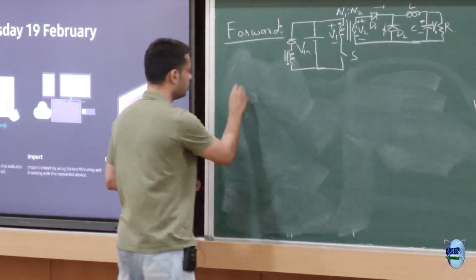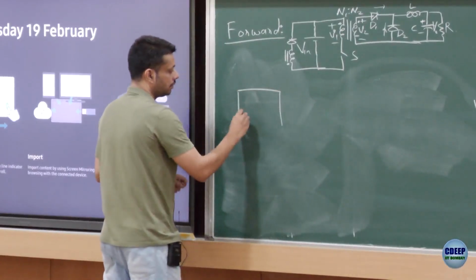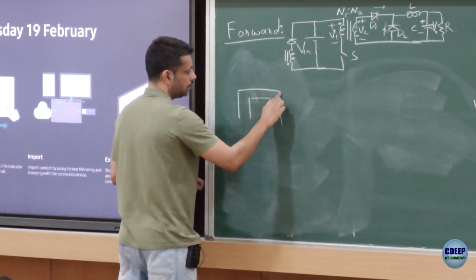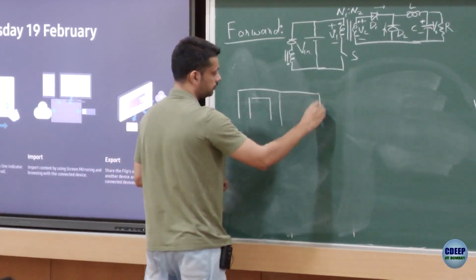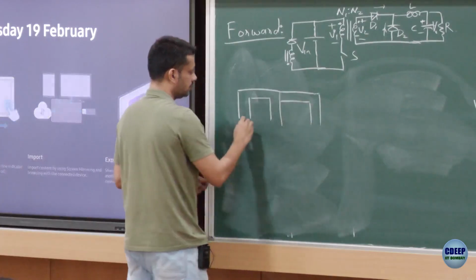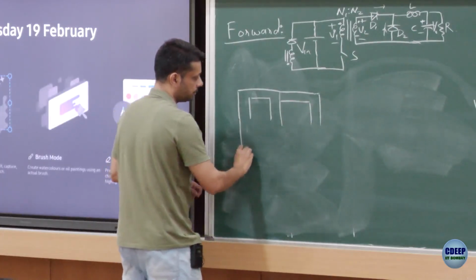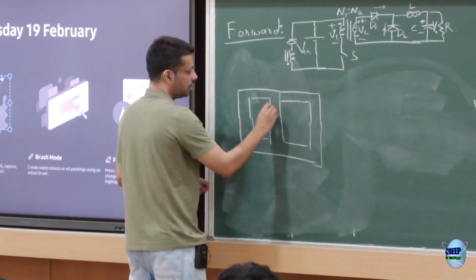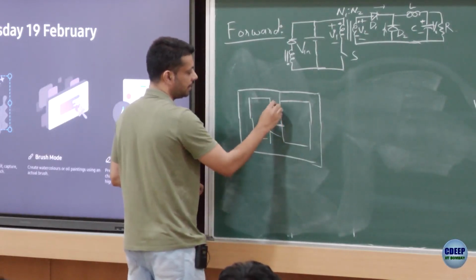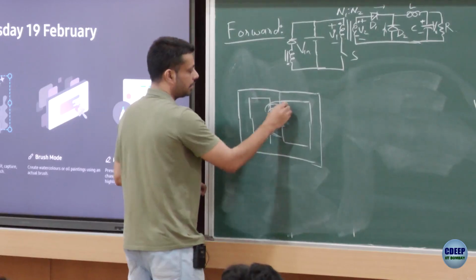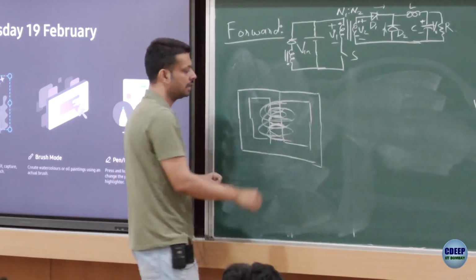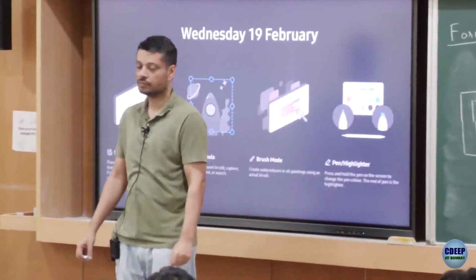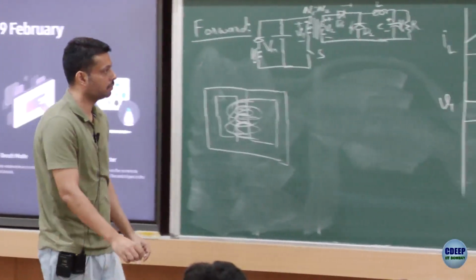So you have this core. Earlier you had one winding, and above that you had another winding. Now you have a third winding on it. So basically you have 3 windings on the core. Okay, how it helps is as follows.